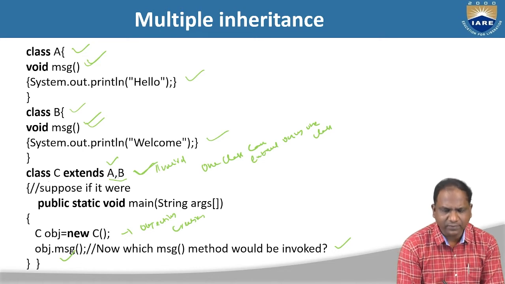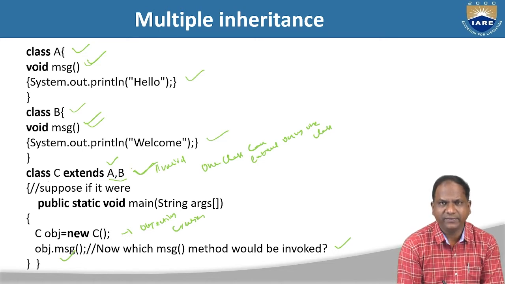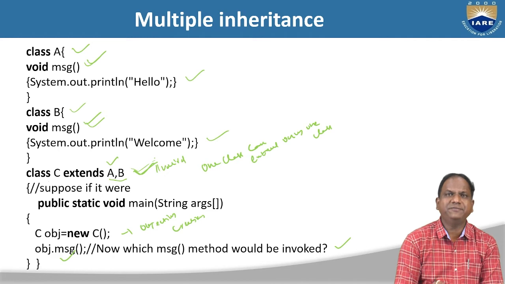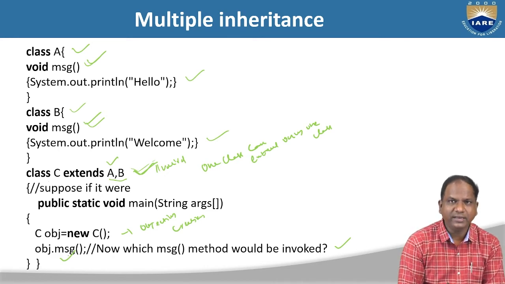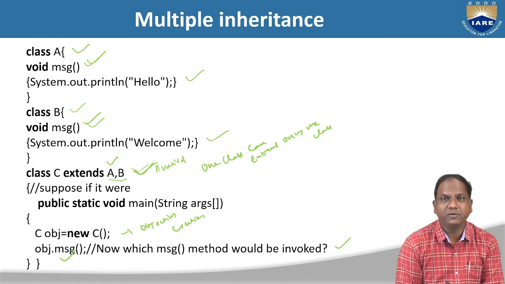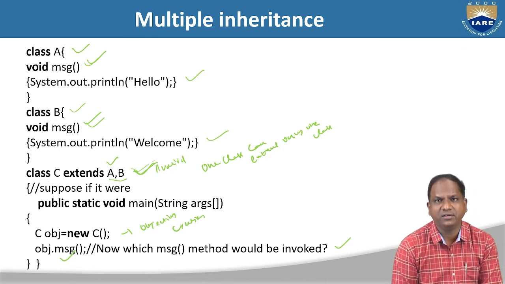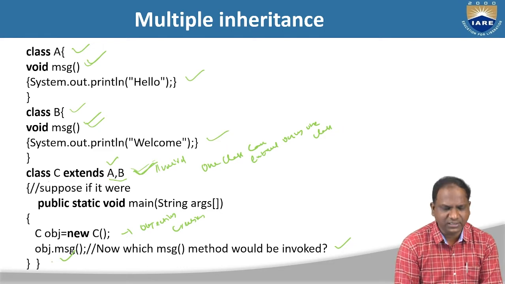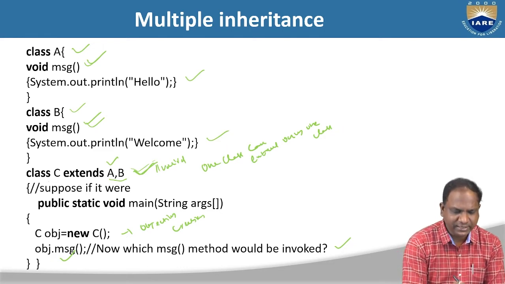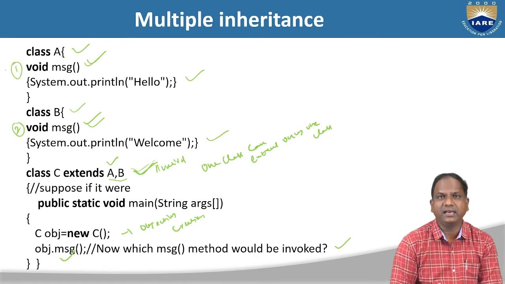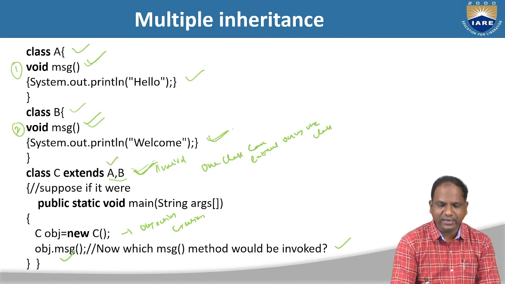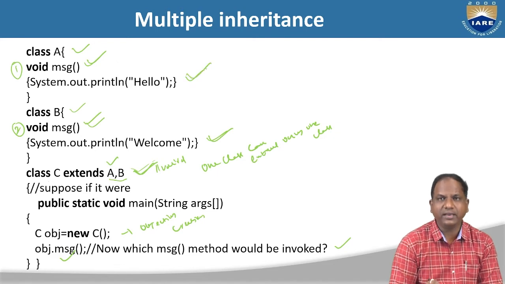But in our statement I have given two classes. If it were valid, and I call obj.msg, which msg method will be called? Message is there in class B and in class A. Either I can go for print welcome or I can go for print hello.